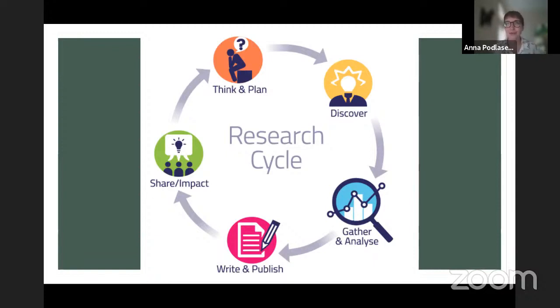Then the more you read and the more you understand the problem, you can start discovering questions that are not yet answered, and building up how you can answer this question. And that would translate into your research project. Then things are simple. You just gather and analyze the data, you sum up in a publication, and after this successful publication, you also disseminate those results further, not only to the scientific world, but also to a more lay audience.